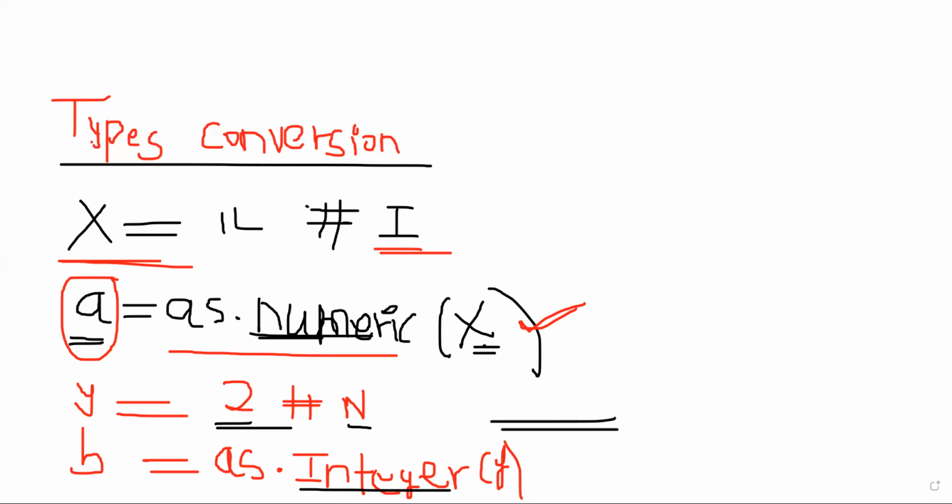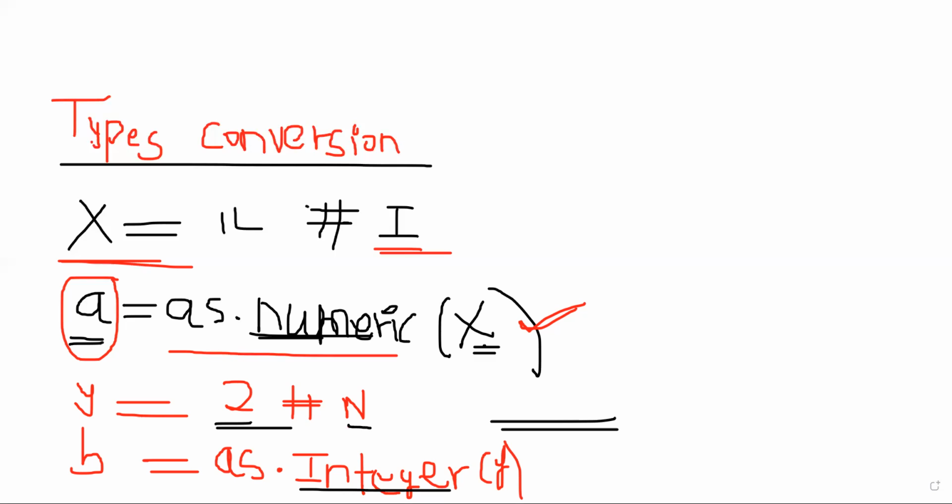So for example, type conversion. If I have x is equal to, suppose, 1L, I'll write a comment here that this is an integer. Then I have another variable y, which is a numeric value.